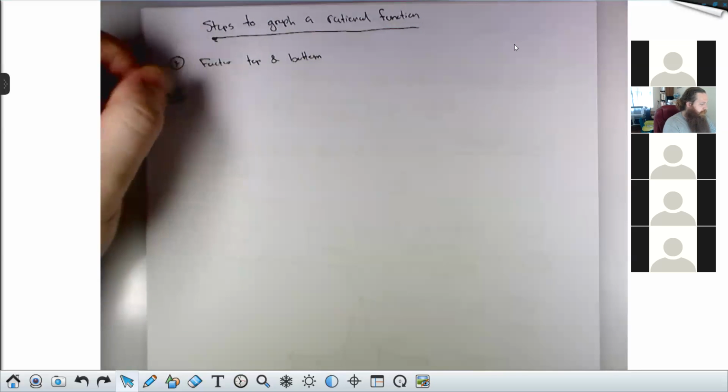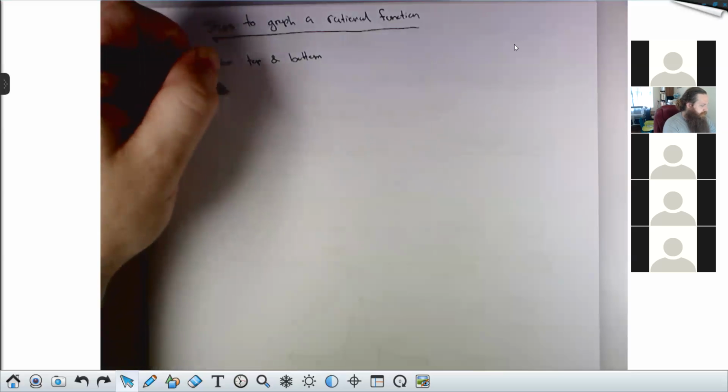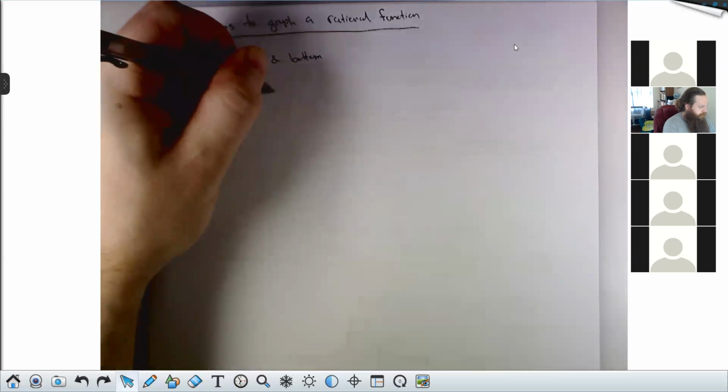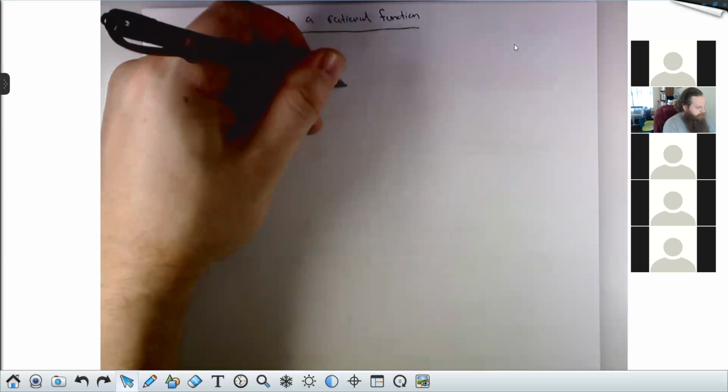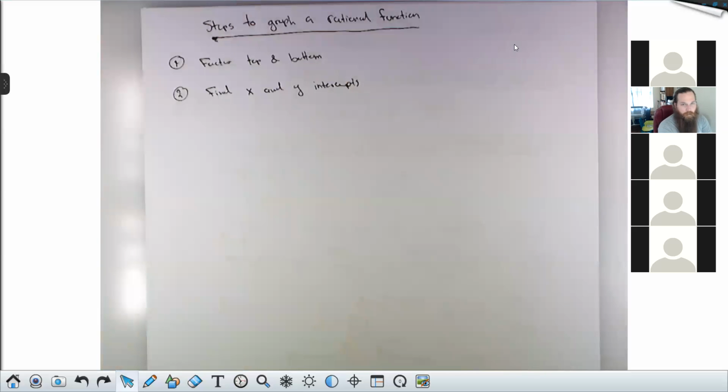Second, find any intercepts. We talked about how to do that. X-intercepts come from setting the whole thing equal to 0, which is equivalent to setting the top equal to 0. Y-intercepts come from plugging in x equals 0.